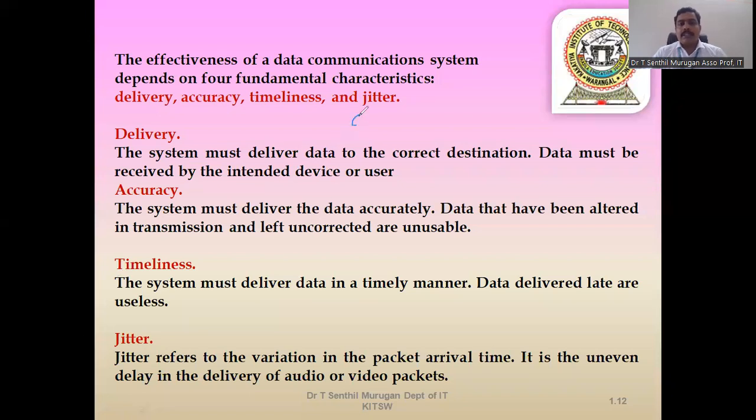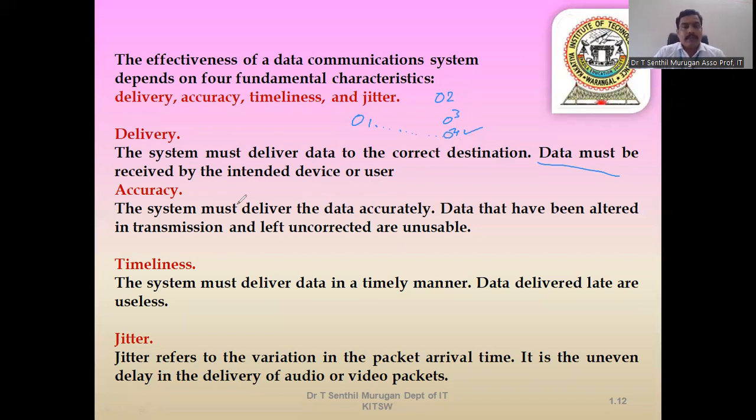Okay, if session 1 is there, and different destinations are there, so it may be 1, 2, 3, 4. So the session 1 wants to send the data to 4. Okay, so it must be delivered to the correct destination, and data must be received by the intended device. So 4 only receives this information.